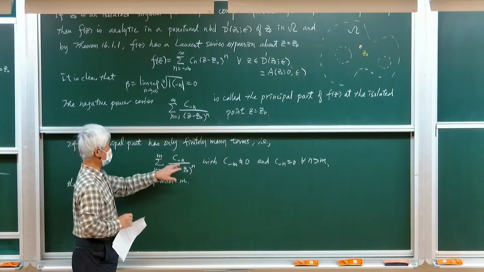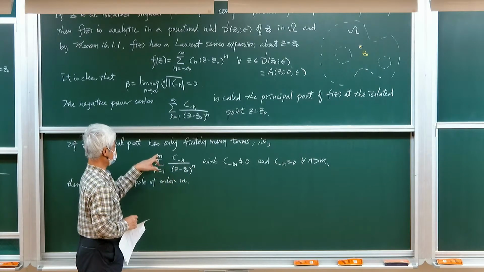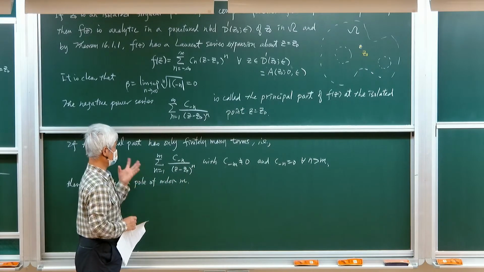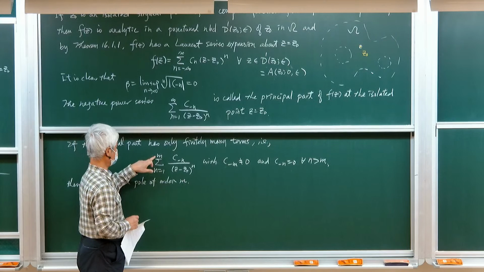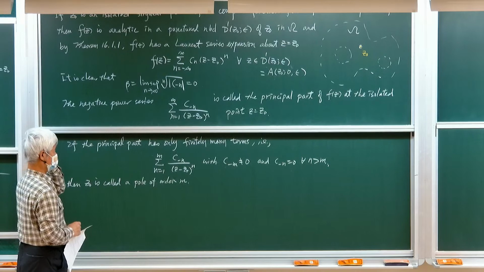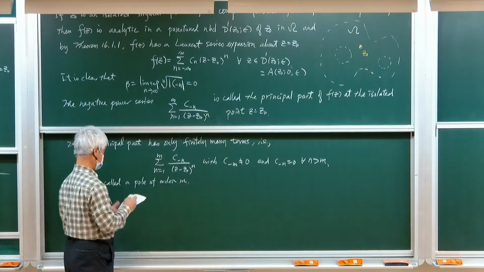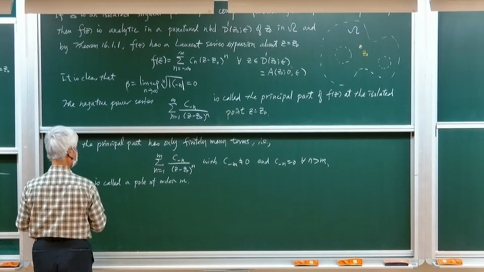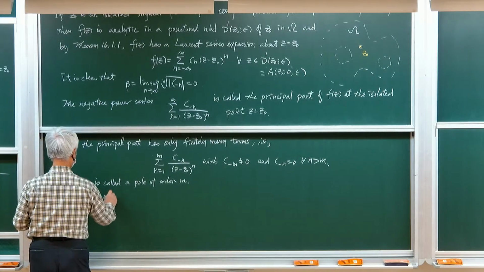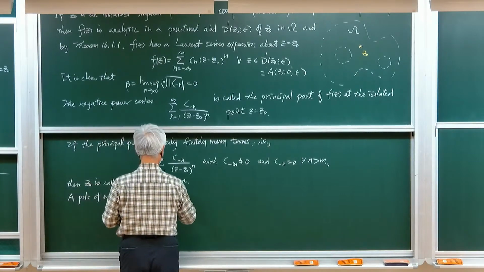So the biggest negative power would be minus m, and so this isolated singular point will be called a pole of order m. And a pole of order 1 is called a simple pole.